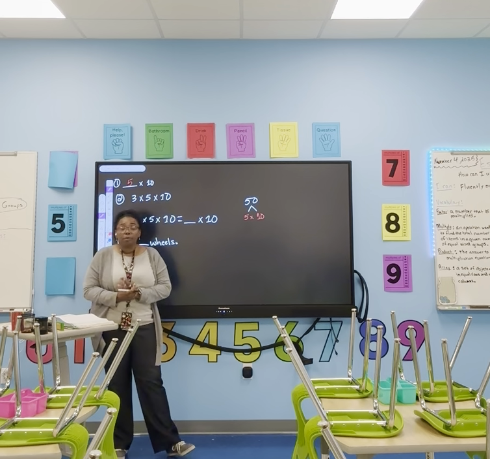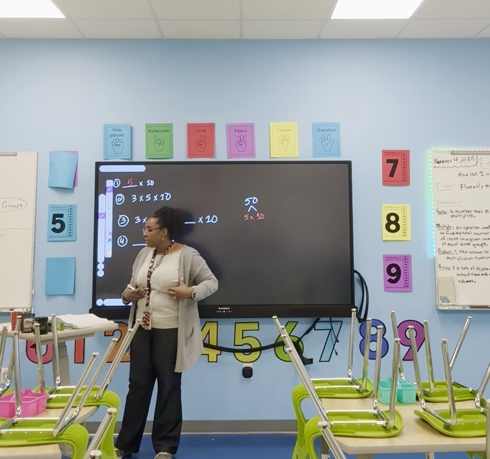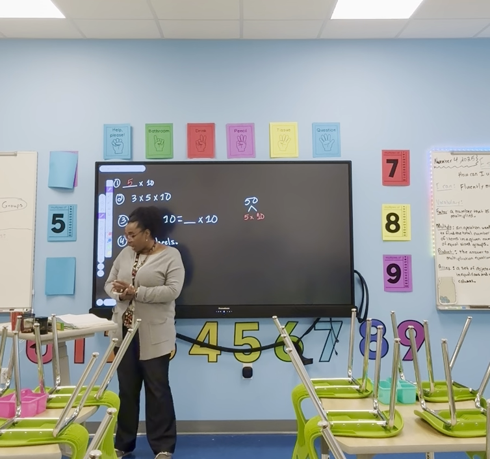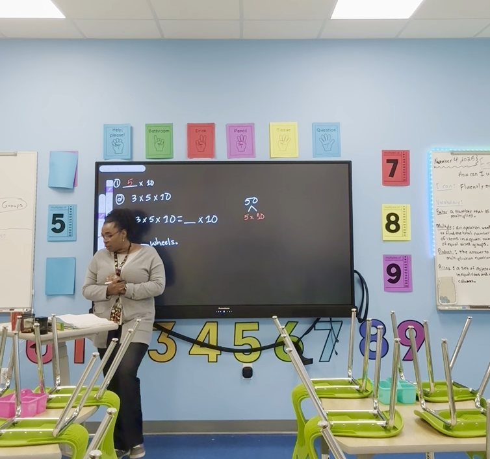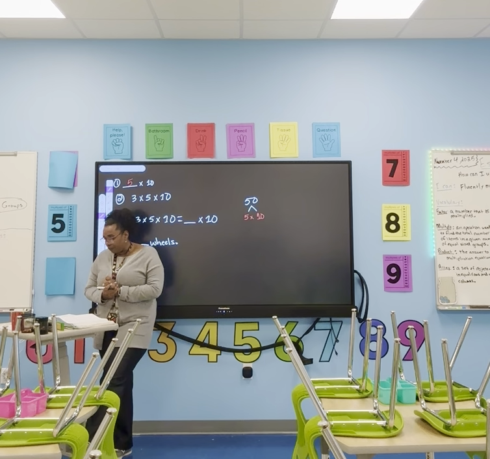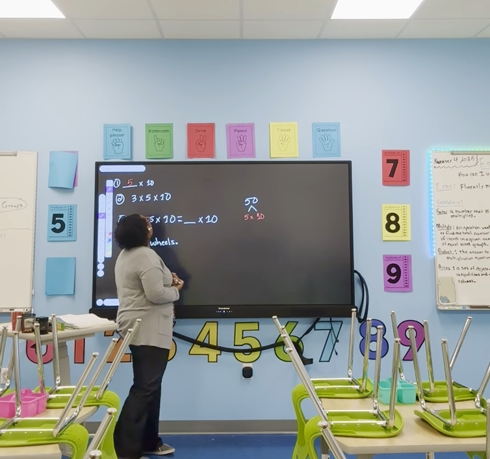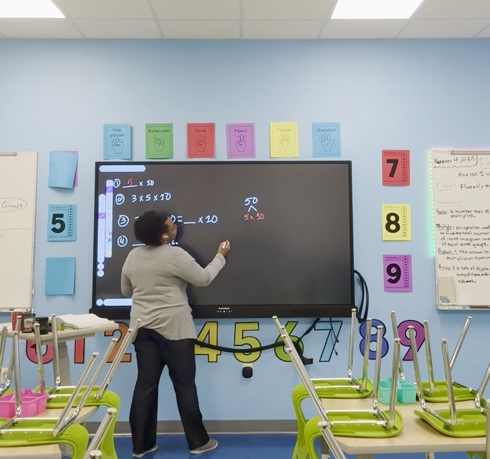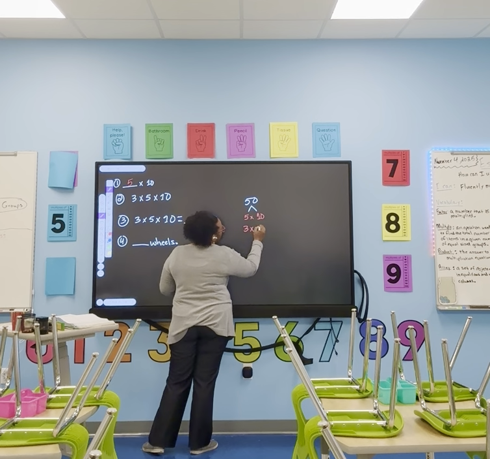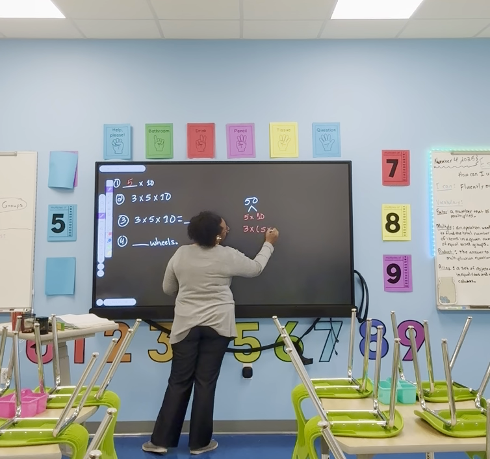So then it says for number 2, 3 times, and then in parentheses, 5 times 10 is one way to group the factors, okay? Use parentheses to show another way to group the factors. So they start out with giving us 3 times, and in parentheses, 5 times 10.